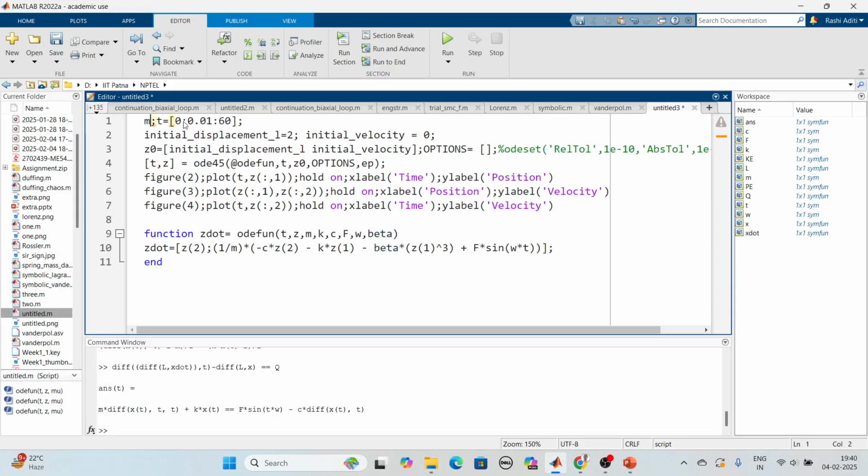As of now, we'll take m equal to 1, k equal to 1, c equal to 0.1, beta equal to 0.5, f equal to 0.5, omega equal to 10. It's fine, I guess. Okay, so we have to specify the initial displacement. Let us say it's 0, 0.